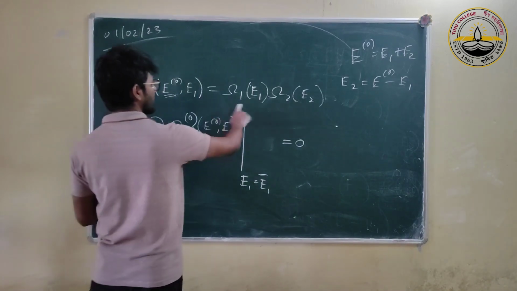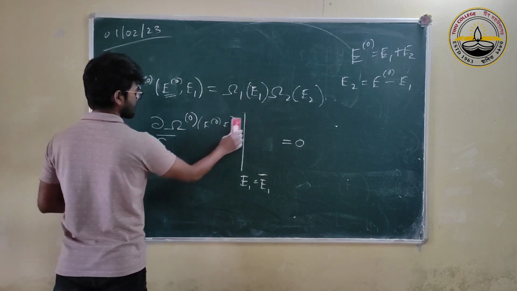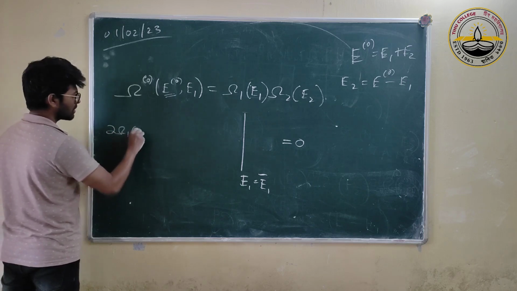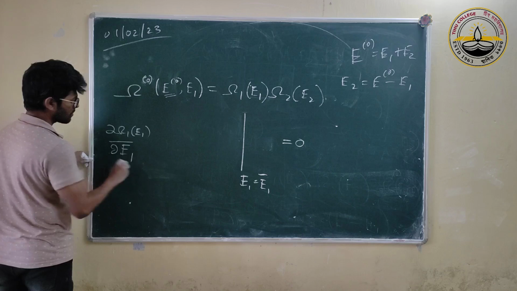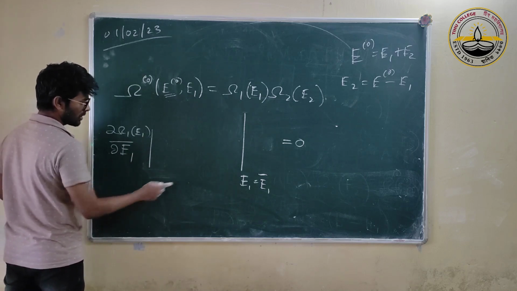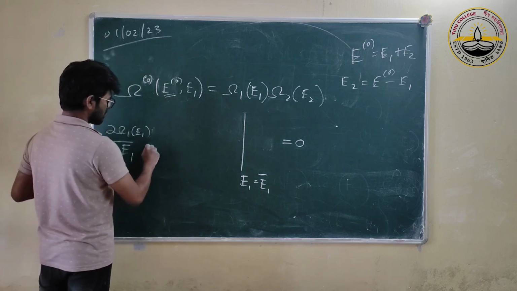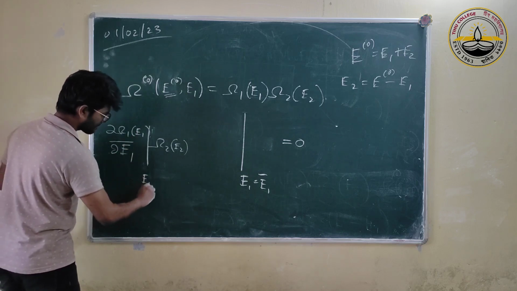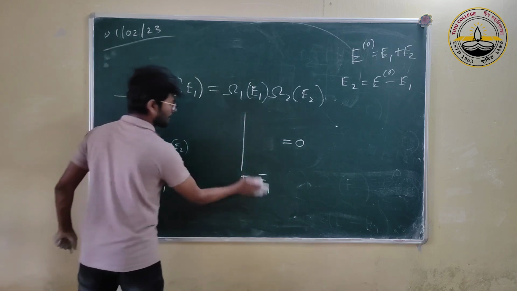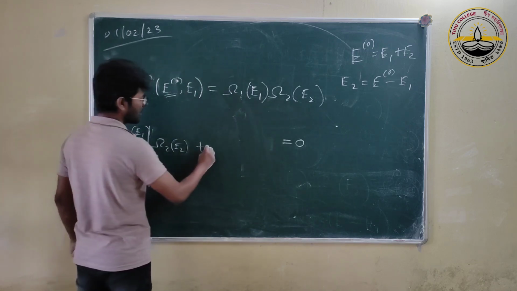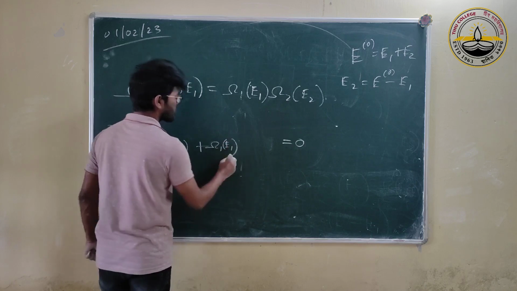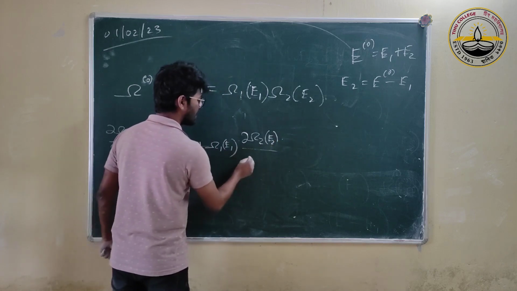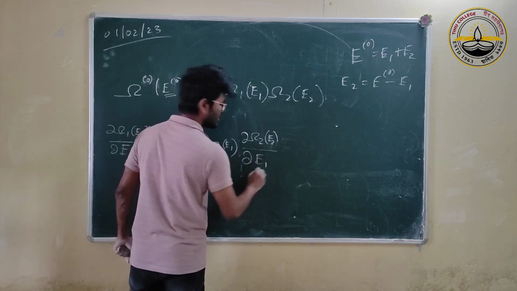Okay. What do we get when we do the derivative on this side? We get del omega 1 E1 by del E1 at E1 equal to E1 bar, times omega 2 E2, plus omega 1 E1 times del omega 2 E2 by del E1, right?